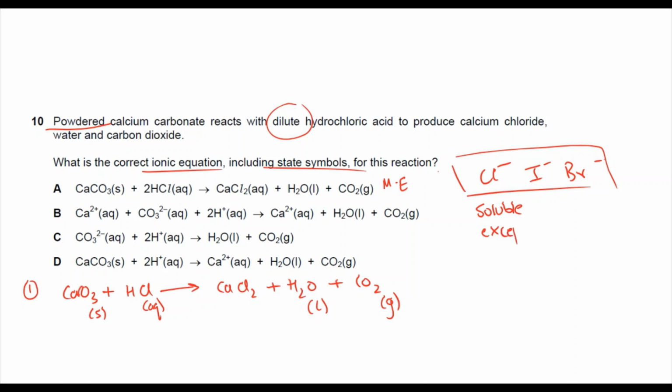Except when they bond with lead, mercury, or when they bond with silver. Except for these three, whenever a halide, a chloride, iodide, or bromide is present in a compound, that compound will be soluble if you provide it with water.